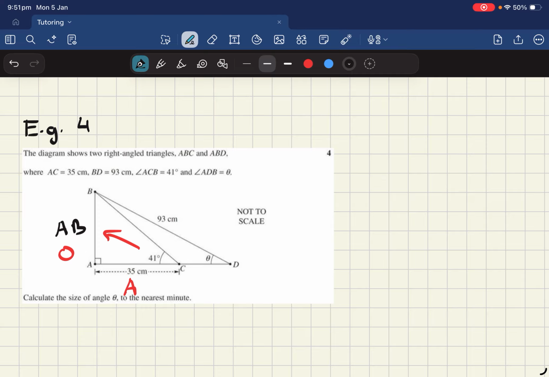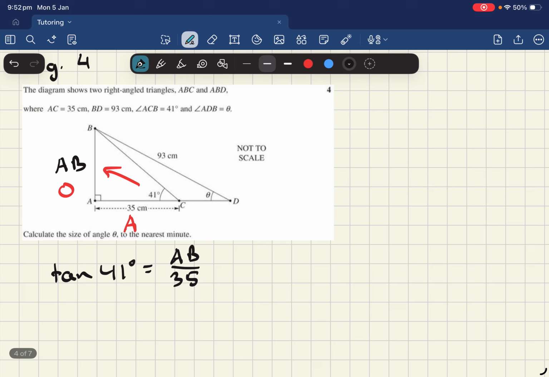So we're going to say that tan of 41 degrees equals the opposite, AB, over the adjacent, 35. So rearranging the equation, I get that AB is equal to 35 tan 41 degrees.